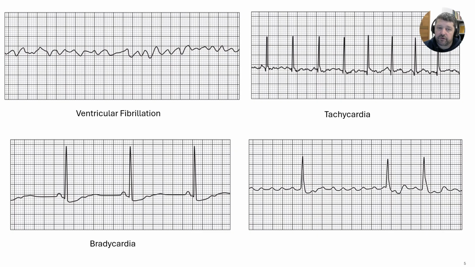So the actual heart looks good. It's just the rate between beats is slow, is fast. Okay, and then you notice here you have that PQRS and then PQRS and then another one right afterwards. That's a flutter.